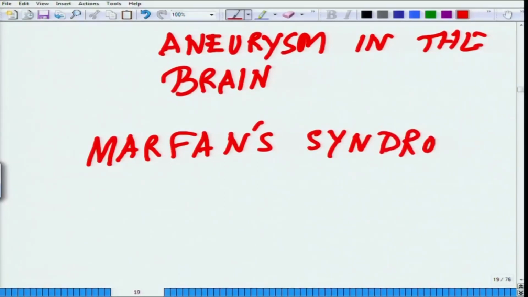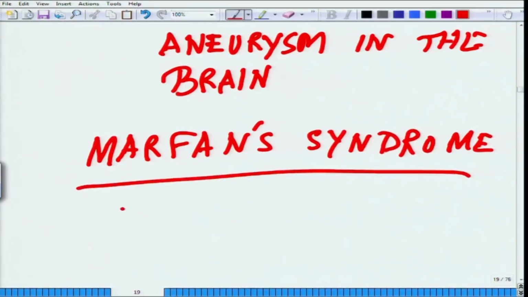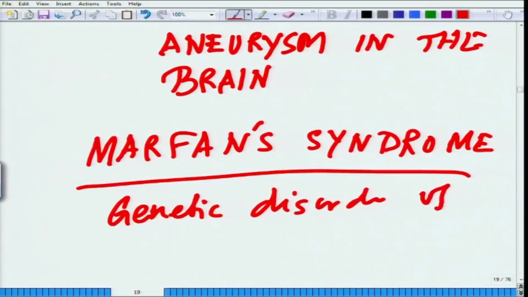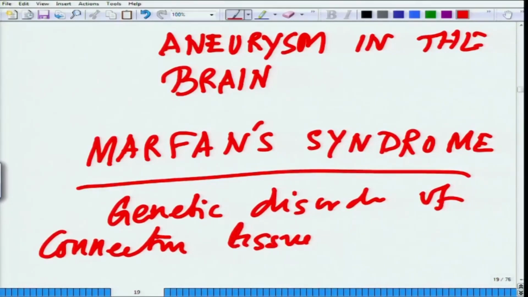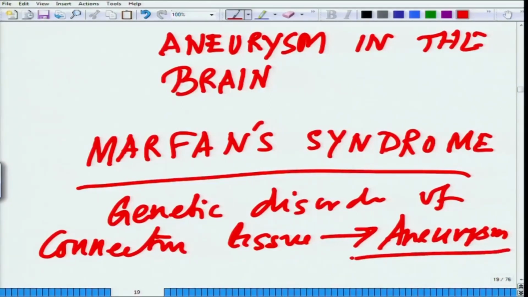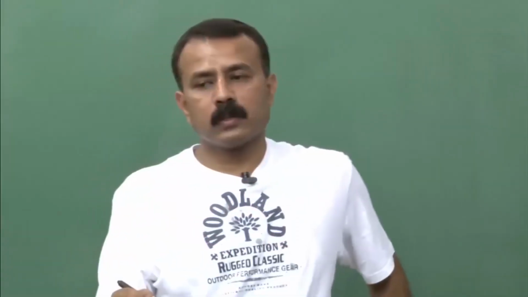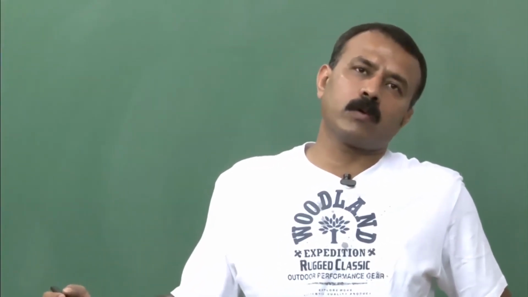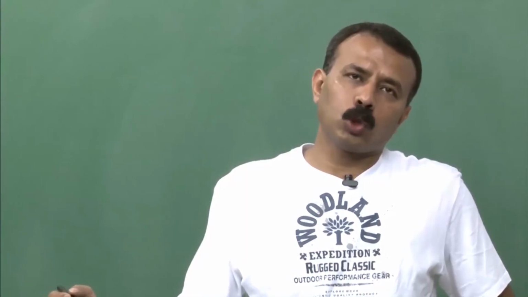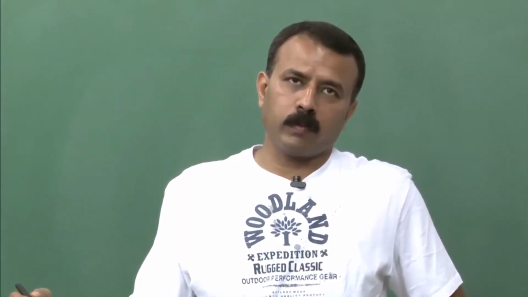Marfan syndrome is a genetic disorder of connective tissues which leads to aneurysm. So, there are several causes of aneurysm, but most aneurysms take place in the arteries, because of the weakening of a specific part or because of clogging or choking of the arteries at different points. Okay.